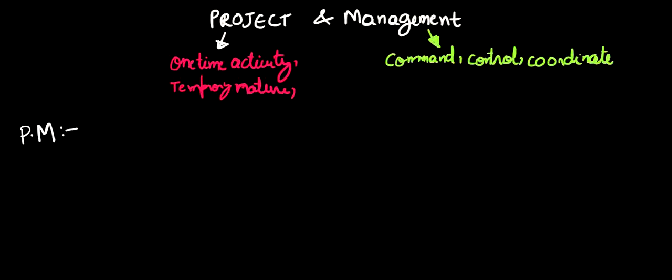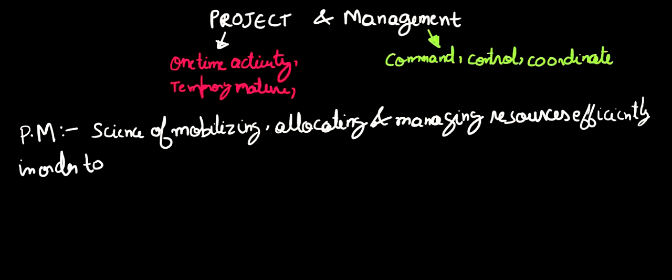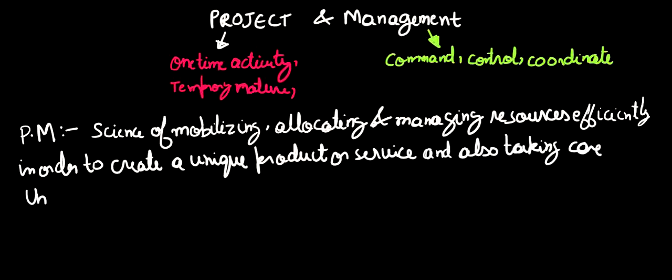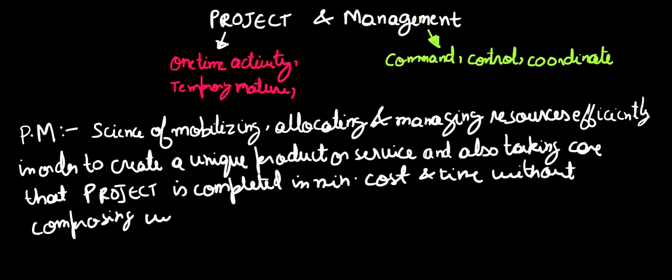Project management is an art or science of mobilizing, allocating, and managing resources efficiently in order to create a unique product or service, and also taking care that the project is completed in minimum cost and time without compromising with the quality. So this is the standard definition of project management.